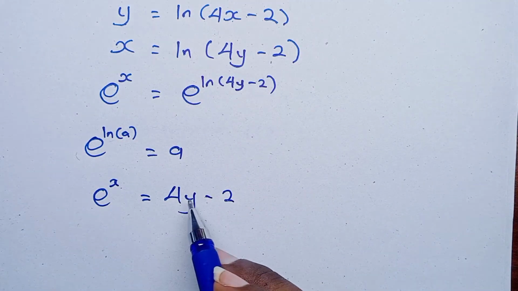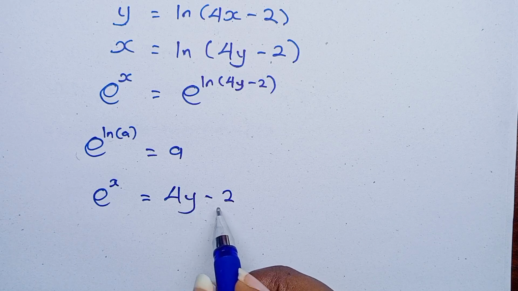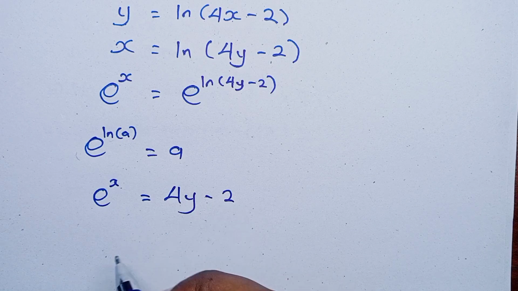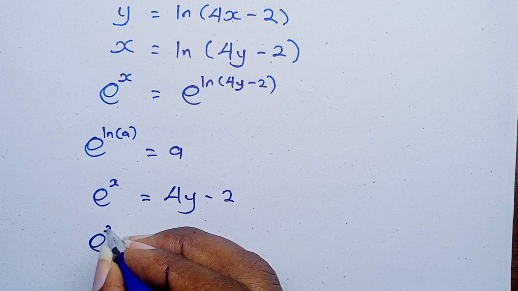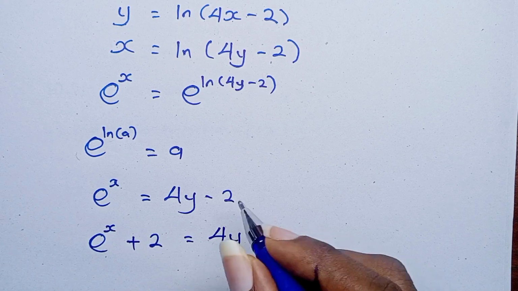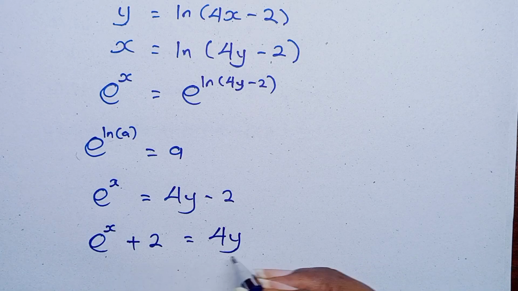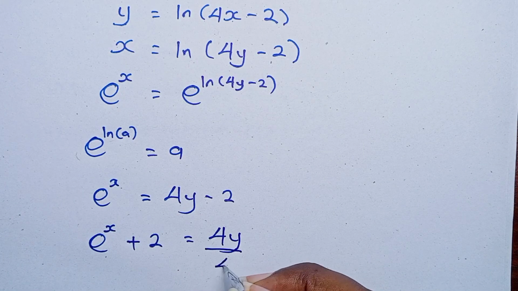Now let us solve for y. We're going to isolate y by adding 2 on both sides. So we shall have e power x plus 2 equals 4y, because this cancels out with the other 2. So we divide both sides by 4.